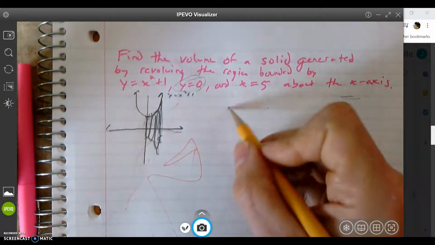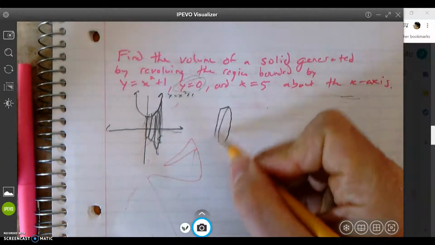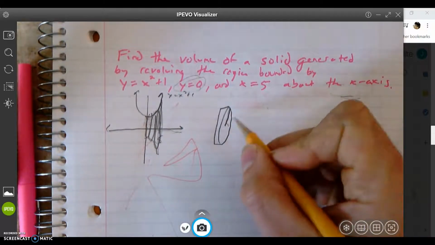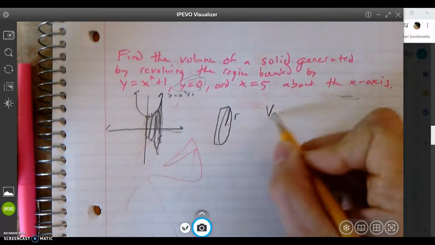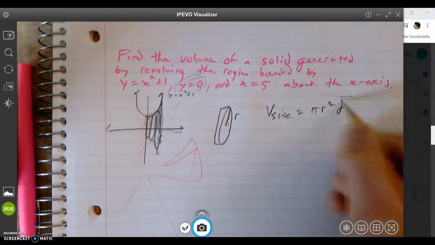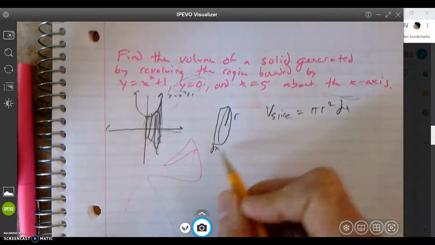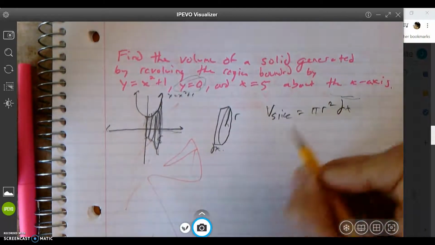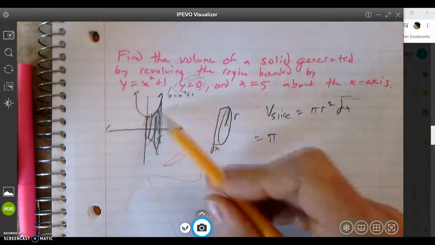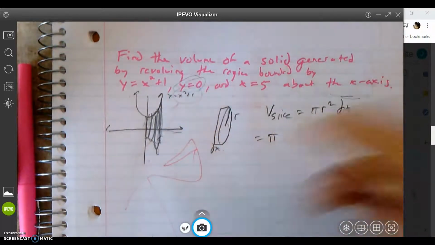How do you find the volume of this? First, you get a slice going. Here's the radius. So the volume of a slice is going to be pi r squared times dx, which is your infinitely small width. So that's going to be pi r, which is top minus bottom, which in this case is just the area under the curve.